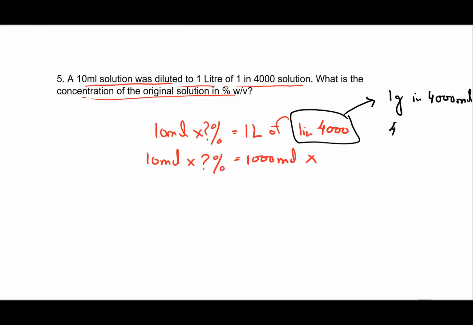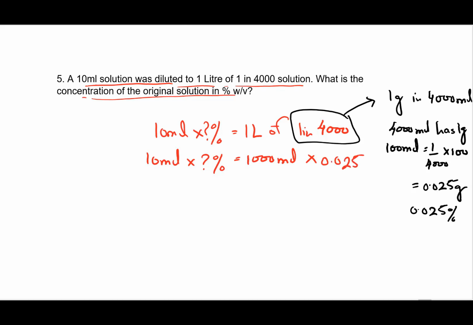So if 4000 mil has 1 gram, then 100 mils will have 1 divided by 4000 times 100, 0.025. So 100 mils will have 0.025 grams. In other words, 1 in 4000 is equal to 0.025%. And simply solve this equation.